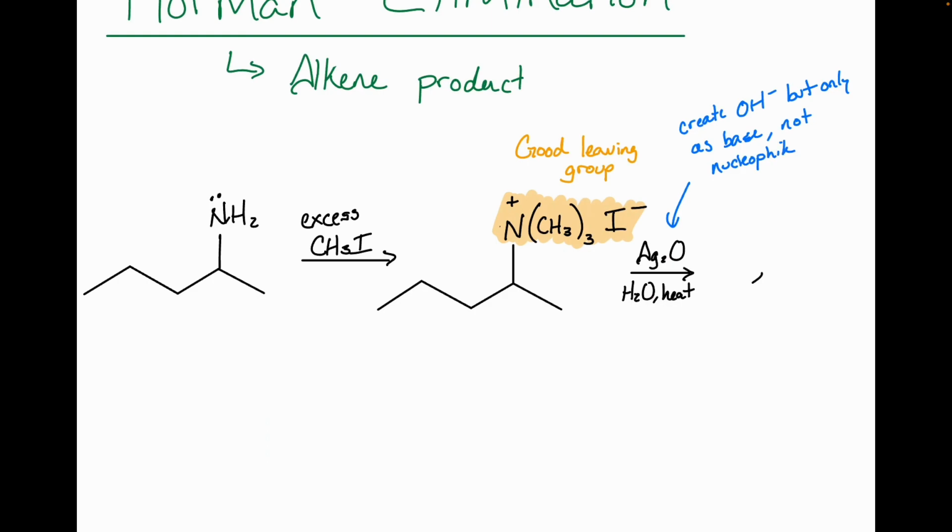All right, so we're going to get an alkene product. However, interestingly, that alkene, that double bond is going to form on the end of our molecule here instead of that more stable alkene, which would form in the middle of our molecule. Okay?